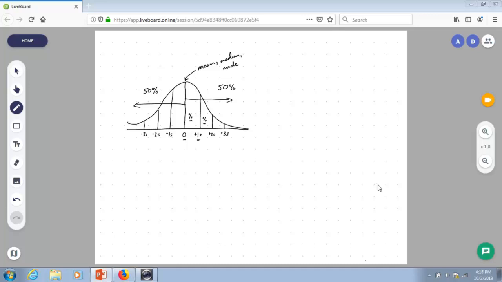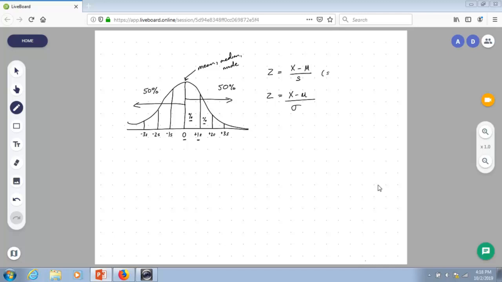Now, let's talk about the formulas for a z-score. So for a z-score, we have two different formulas. We have the one that is utilized for a sample, which is a raw score minus the sample mean over a sample standard deviation. And we have a raw score minus a population mean over a population standard deviation.